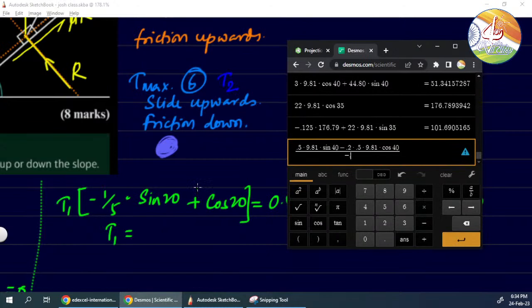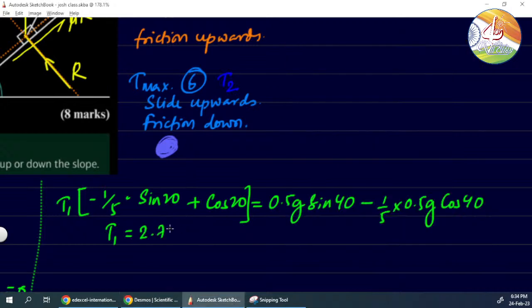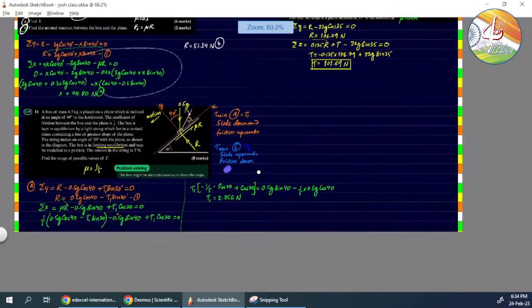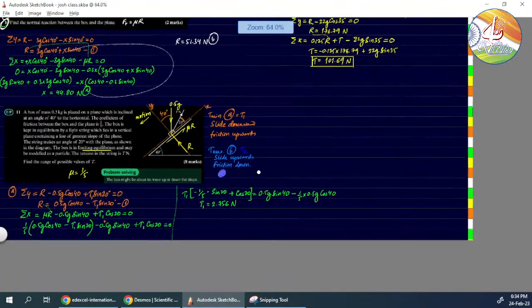So minus 1 by 5 is 0.2 into sine 20 plus cos 20, that is 2.756 in newtons. Okay, so T1 is the minimum value of T.